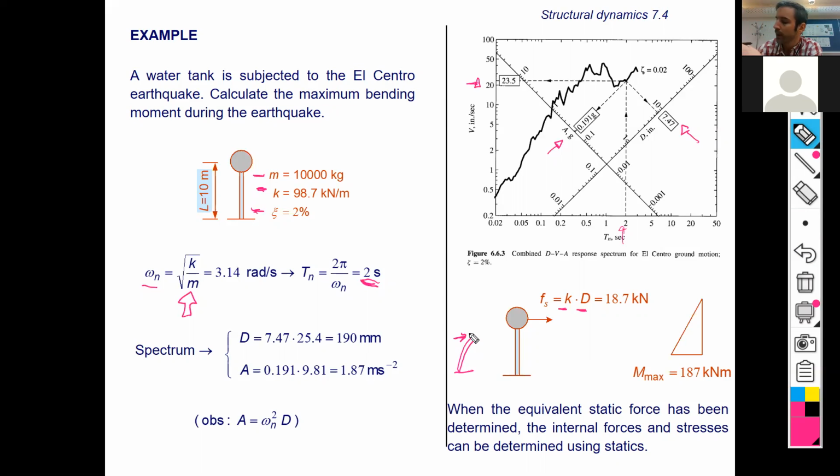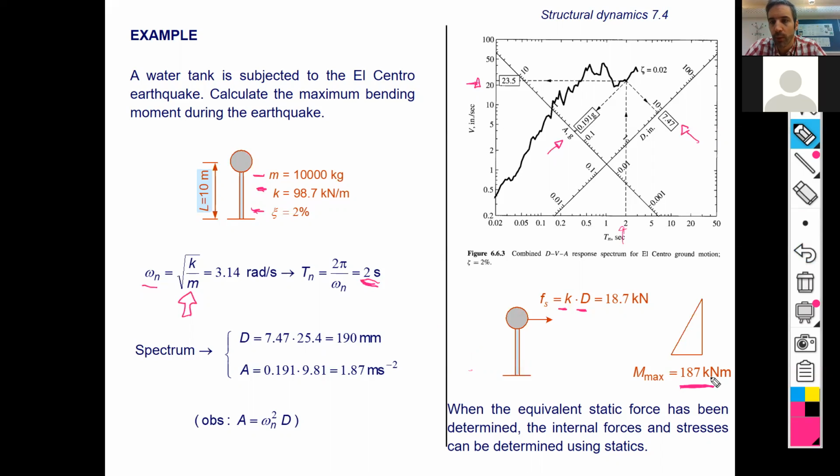Right. And given that we know all the properties of this beam, we have the stiffness there and the length also, we can easily calculate how the bending diagram looks, right? And by doing that, we can calculate the equivalent static force, right?